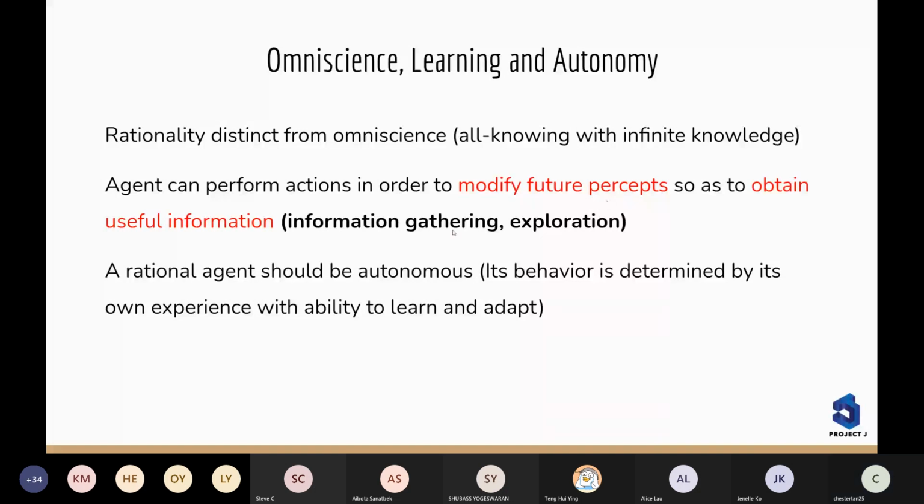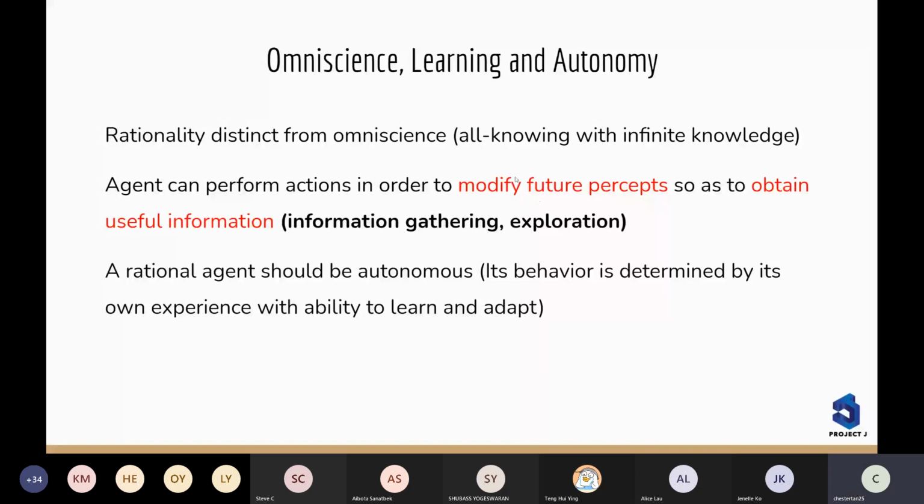In order to get near the level of omniscience, the agent needs to gather more information from the environment, so the agent can perform actions to modify future percepts to obtain useful information. So this is how the agent can obtain more information to approach the level of omniscience, but it's very hard.